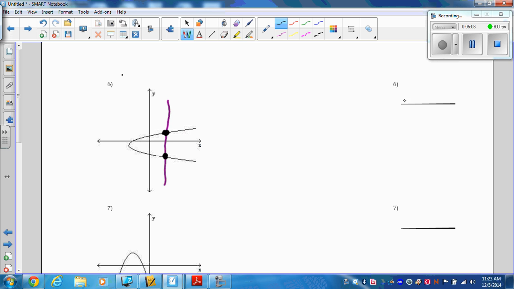And so you can see that this is not a function. Or you could say y is not a function of x.